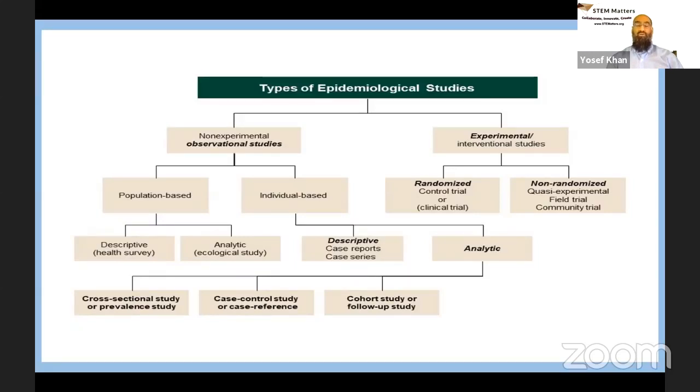When we think of individual-based studies, we can be both descriptive, where we're just describing certain happenings in a population, or we can be more analytical. Analytical studies are, in epidemiology, the main types: cross-sectional studies, case control studies, and cohort studies.